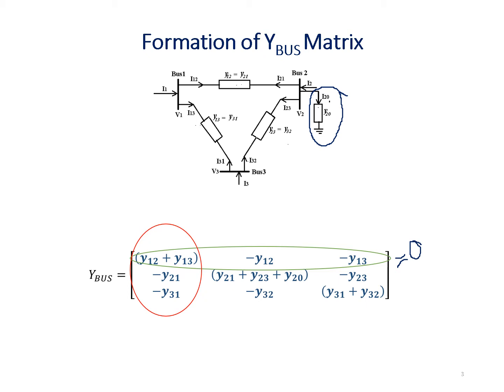In that case, that value is equal to 0. In that way, one by one, either the summation of the elements present in a row or the summation of the elements present in a column, you have to find out that sum for each row or each column.